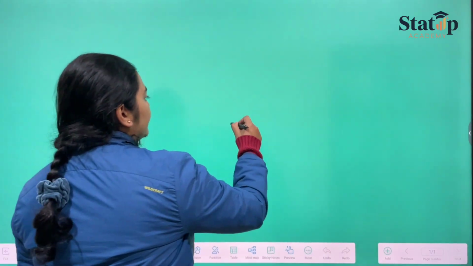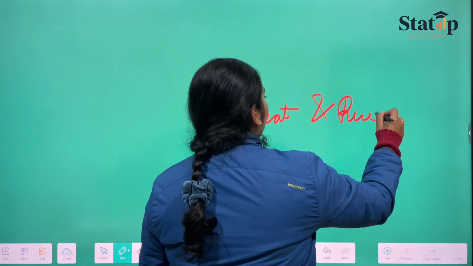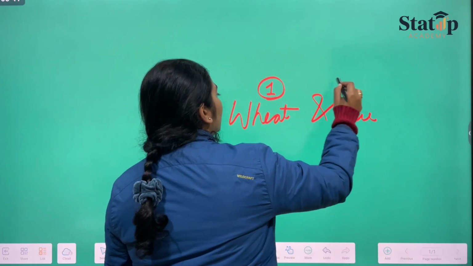Now we know that when we measure the demand of some commodity, suppose the commodity is X, it does not only depend on its price, it depends on the price of its complementary or its substitute commodity as well. Suppose we are talking about wheat and rice, where wheat is commodity 1 and rice is commodity 2.